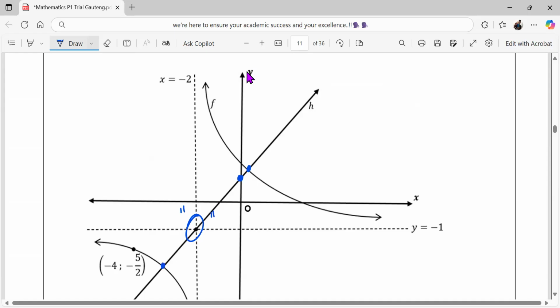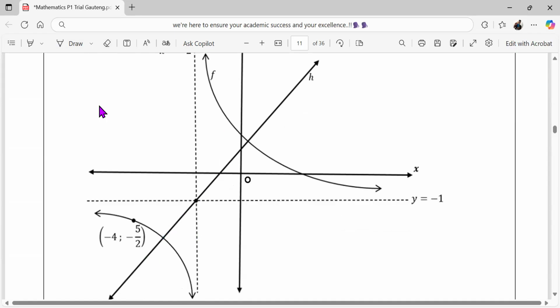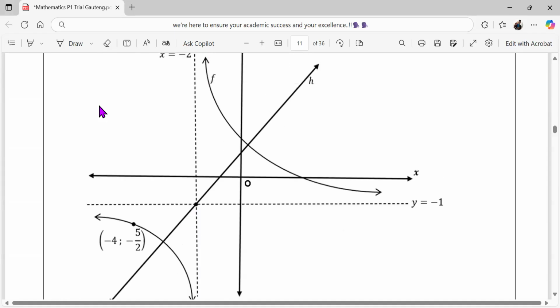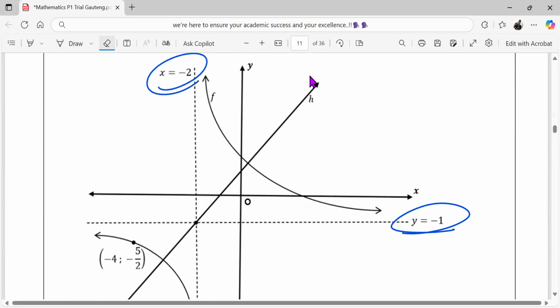And once again, it's going to intersect the hyperbolic function at that point. That's fine. But with regards to the hyperbola, it's just going to have a horizontal asymptote at -1, as well as a vertical asymptote at -2.